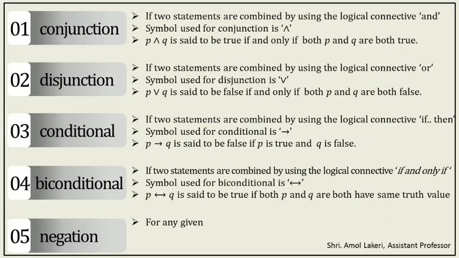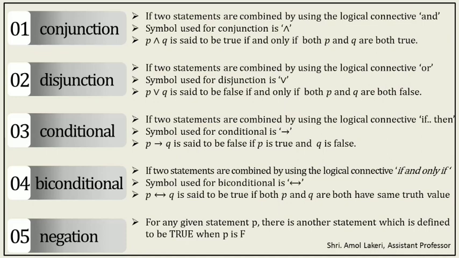And last is the negation. For any given statement p, there is another statement which is defined to be true when p is false, and vice versa. It is called the negation of p.